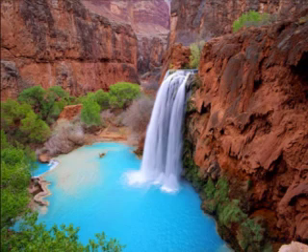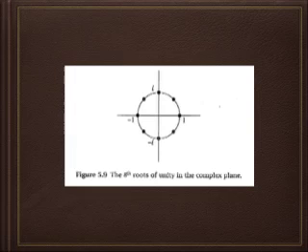And since we know that e to the 2 pi i equals 1, this becomes 1 to the power j, which equals 1. And each of these numbers is distinct, so these are all the roots. We refer to these numbers as the kth roots of unity.